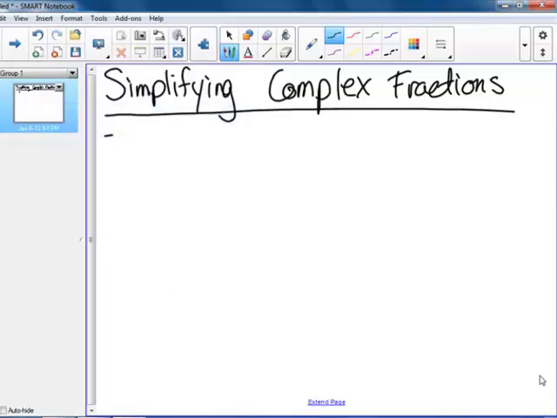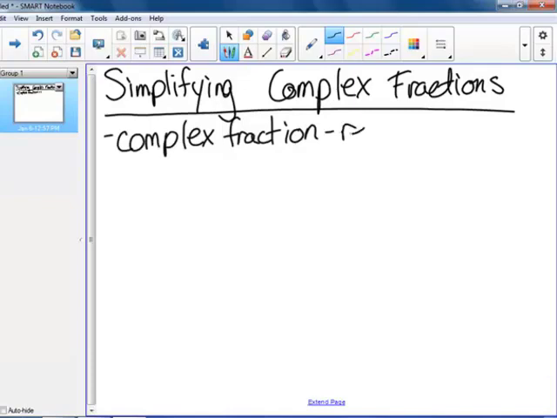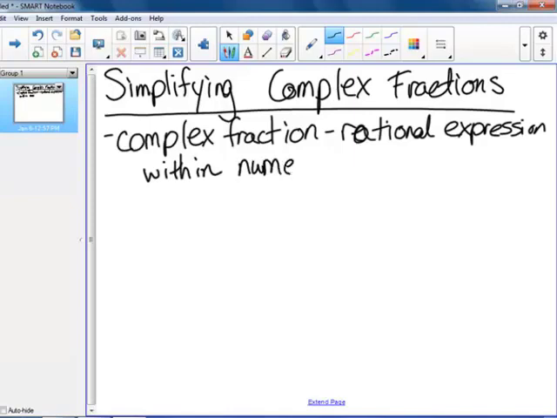So, complex fractions. What they are, first of all: a complex fraction is when you have a rational expression within the numerator or denominator.